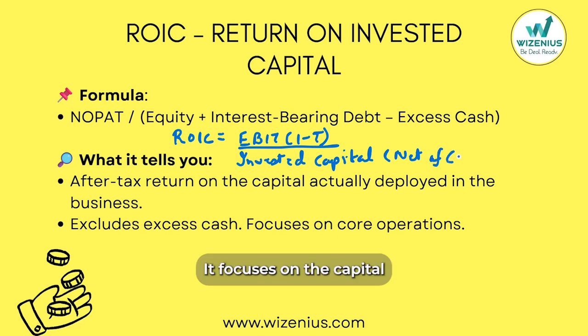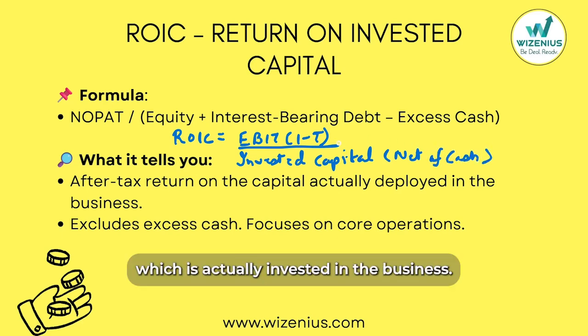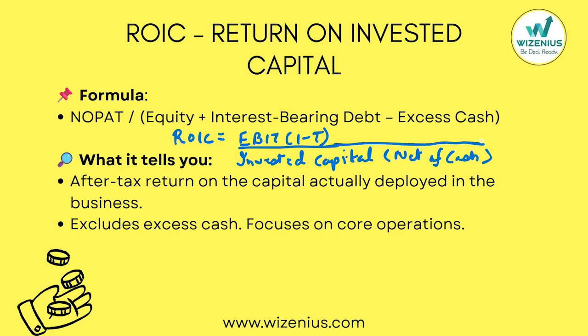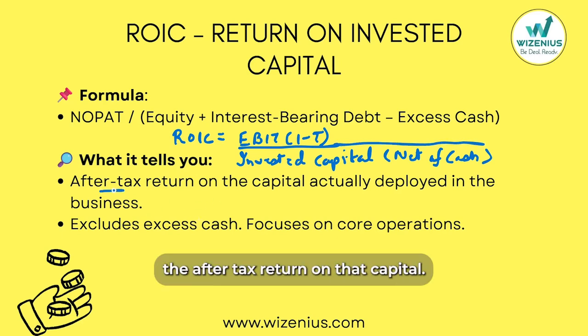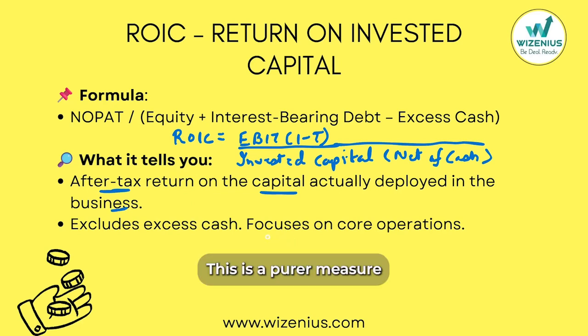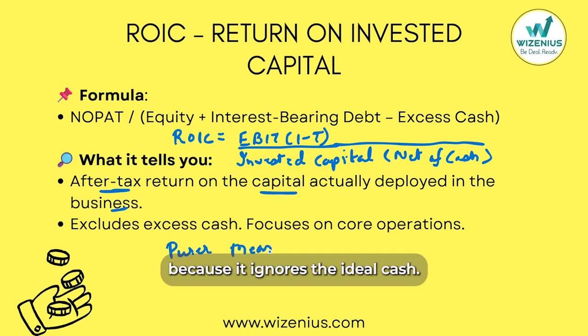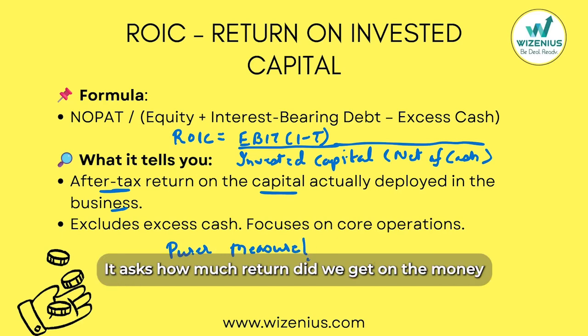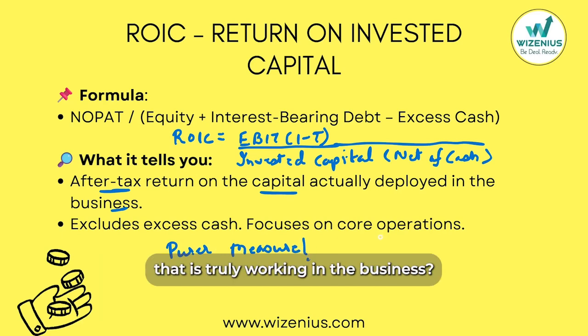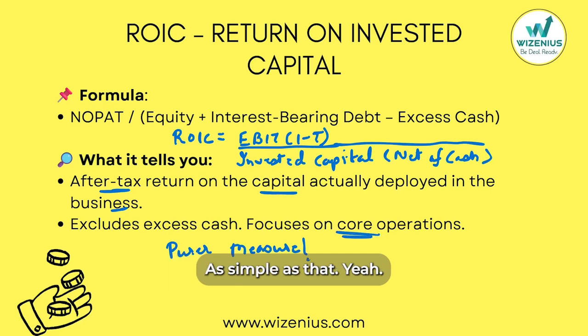It focuses on the capital which is actually invested in the business, and it gives you the after tax return on that capital. This is a purer measure because it ignores the idle cash. It asks, how much return did we get on the money that is truly working in the business? As simple as that.